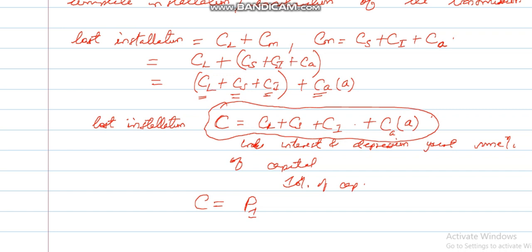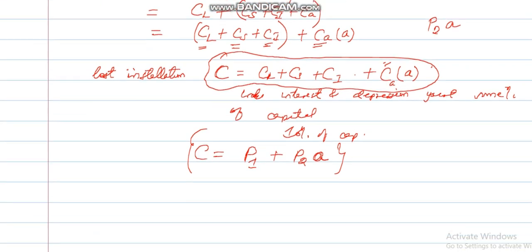Okay, plus kwa sababu the cost of conductor material depending on cross section area, tunaweza tukasema sasa some constant P2 times area. Tunaweza kusema some constant times area of the conductor. Kwa hiyo when this expression is multiplied by certain percent to account for interest and depreciation, tunapata C total sasa, C total ambayo ni annual charge on the capital outlay. Sasa na kusema P1 plus P2 times area.